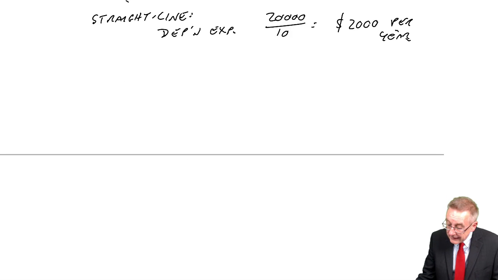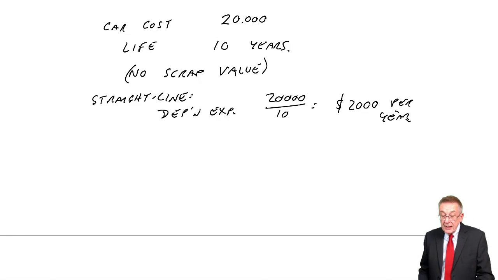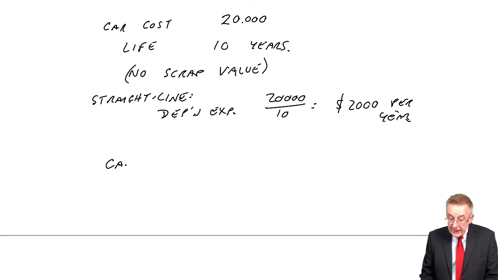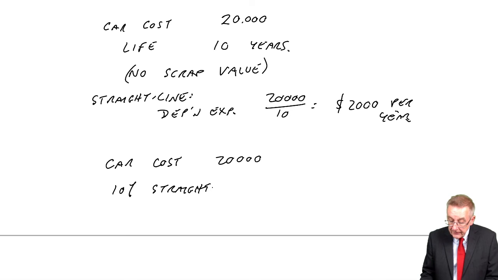However, they can give it to you in another way. Instead of saying it's got a life of 10 years, they can say this. The car cost 20,000. We're using 10% straight line depreciation.